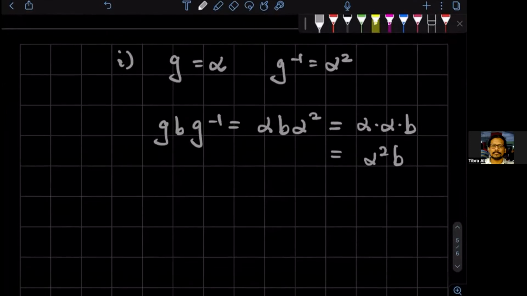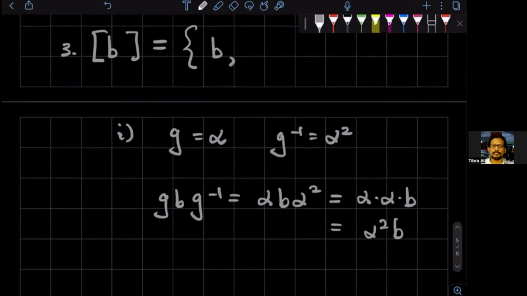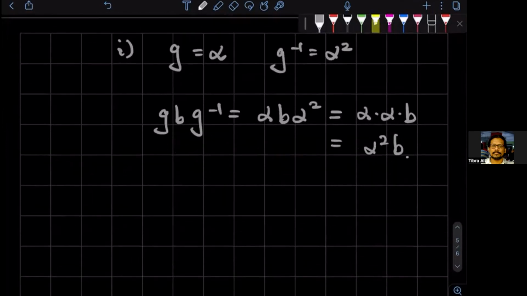Now, if we had chosen B to be say B1, then we know that this is going to be B3. Sorry, not this one. This is actually going to be B3. So we can interpret this element as another transformation, which is not in the group, but this is a shorthand notation for this.